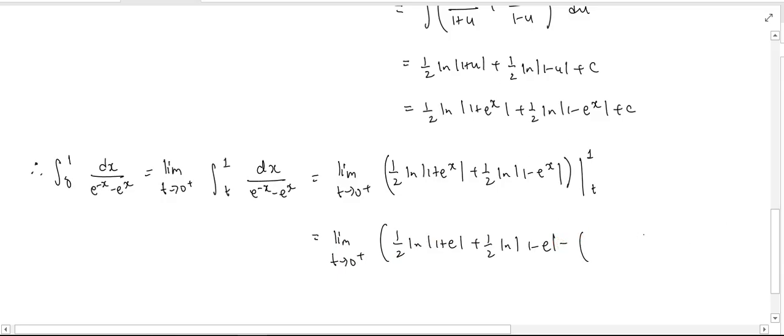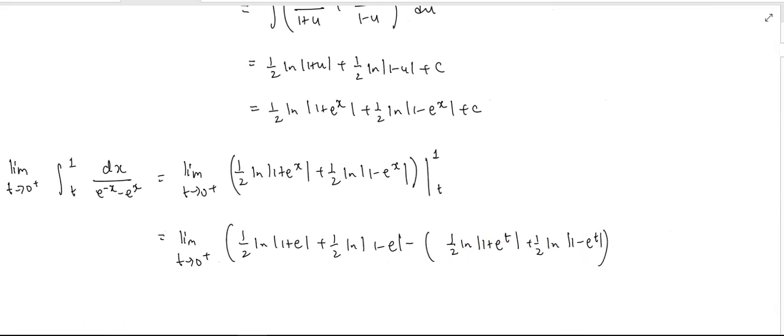We have 1/2 ln 1 plus e raised to t plus 1/2 ln 1 minus e raised to t. Okay. Now, mag-scratch tayo. Etong mga to, no problem, they are real numbers. So, let's say that's a real number k.